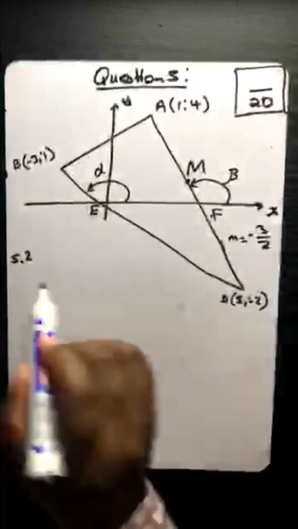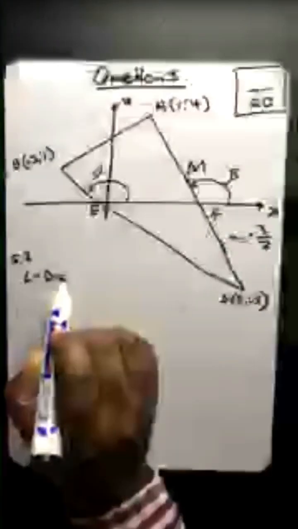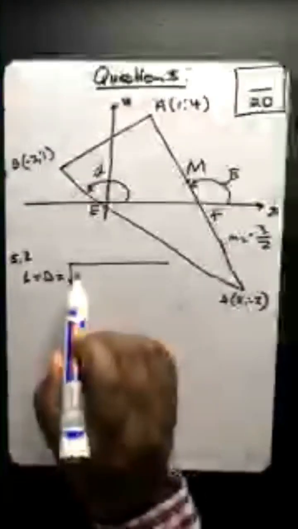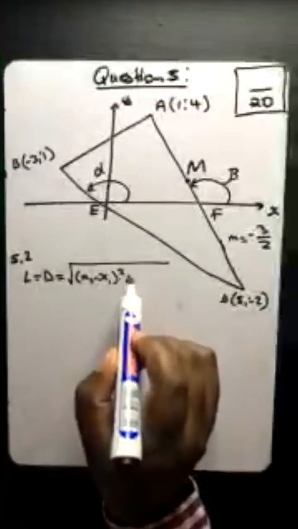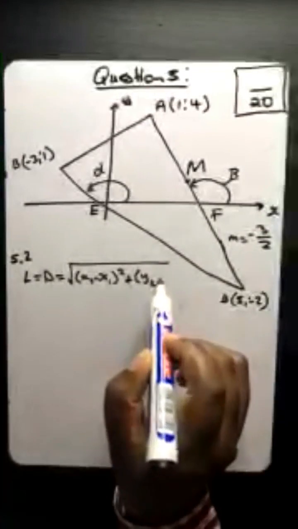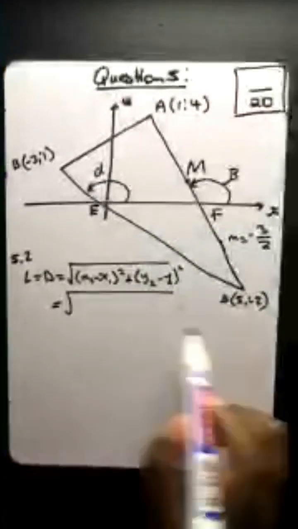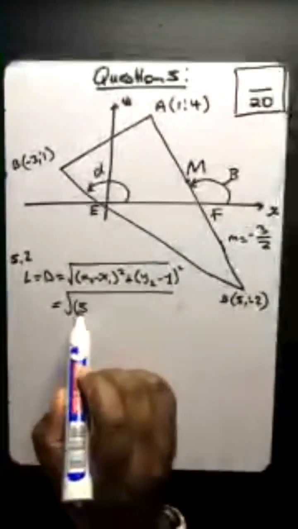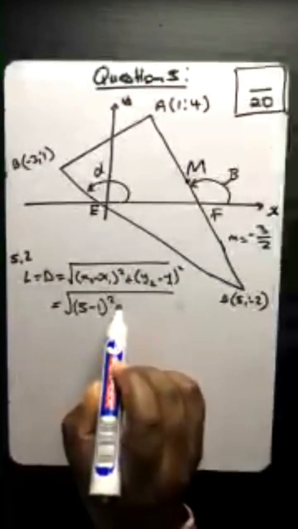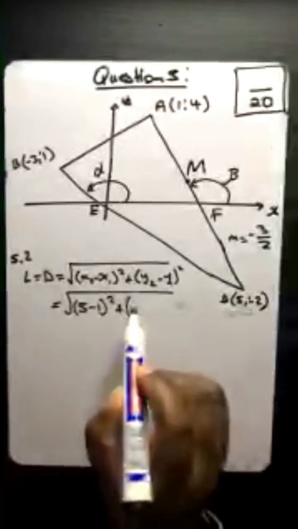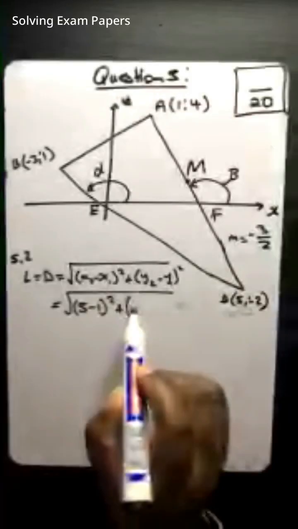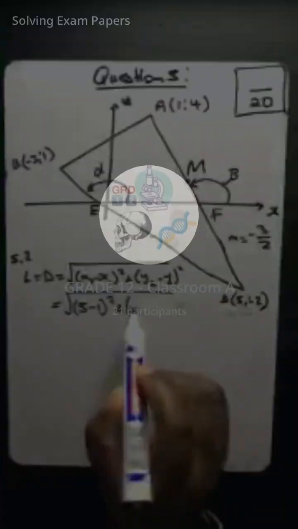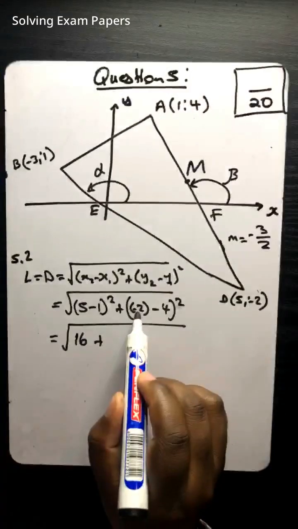So we know that the length is the same as the distance, and this is the formula: the square root of (x2 minus x1) squared plus (y2 minus y1) squared. Let's say our x2 is this one, being 5, minus that one there being 1. And then what about this one? That is 4. 4 squared is 16, plus negative 6 squared.